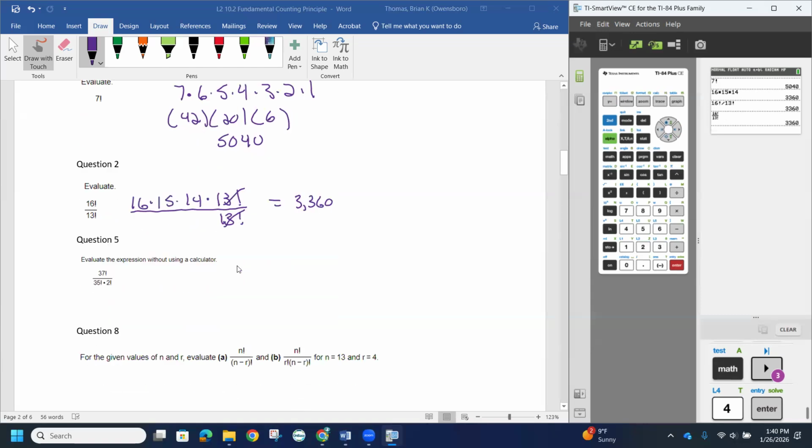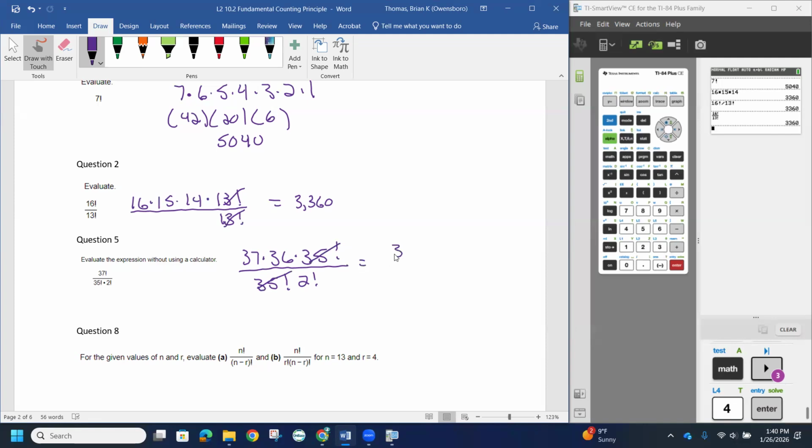So if I look at question 5, if I want to evaluate 37 factorial over 35 factorial times 2 factorial, so notice how 37 factorial would be the same thing as 37 times 36 times then 35 factorial. On the bottom, we do have that 35 factorial times this 2 factorial. So one of the things I can do is knock out the 35 factorials.